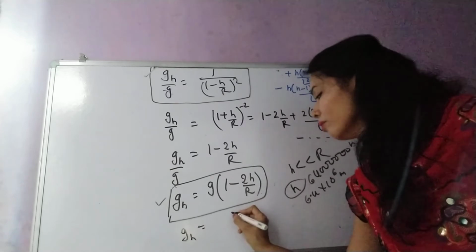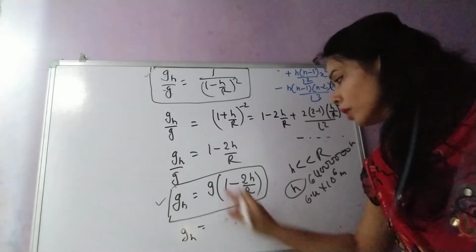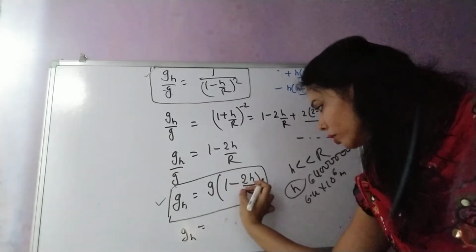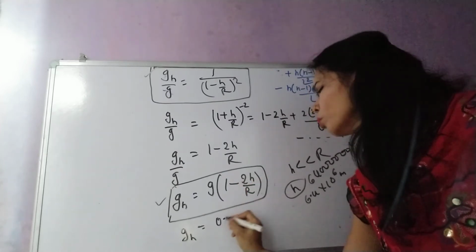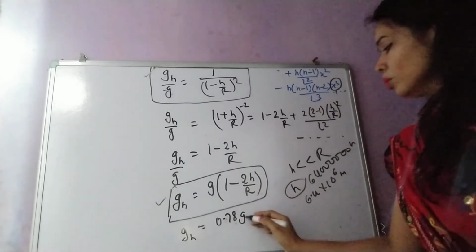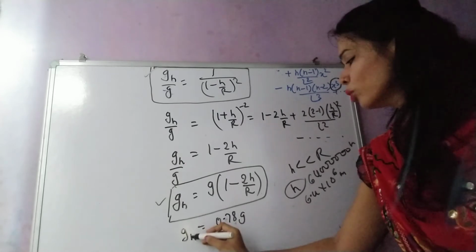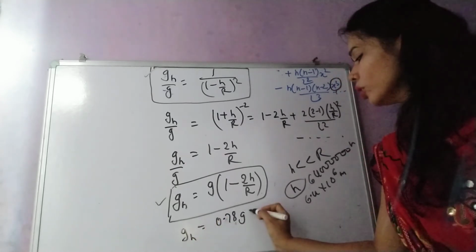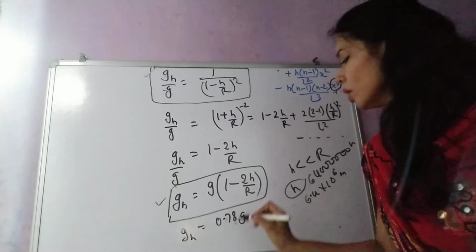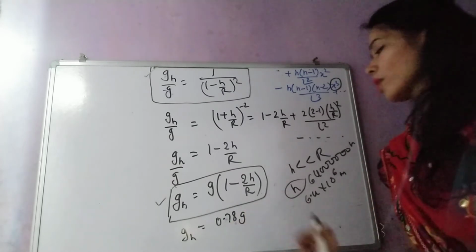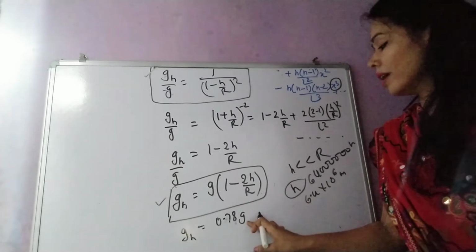If g is multiplied with any value less than 1, like 0.78, you get 0.78 g. So the gravitational acceleration at a certain altitude decreases from g to, say, 78% of g at Earth's surface.